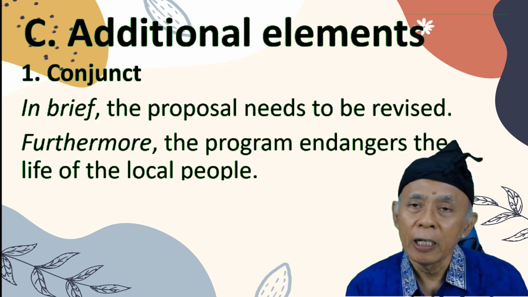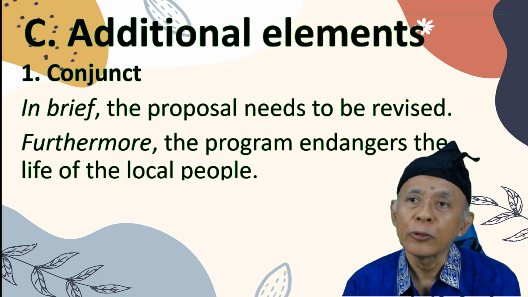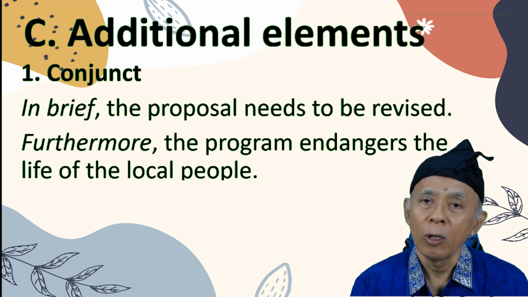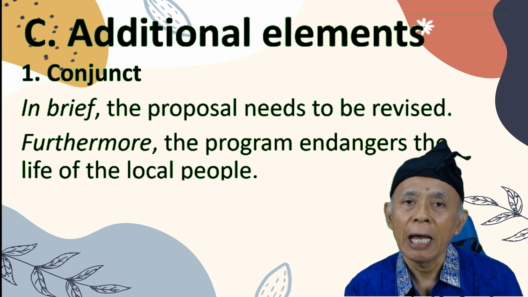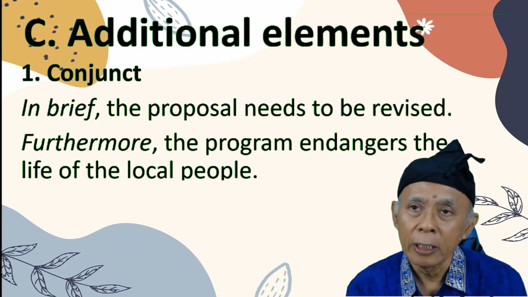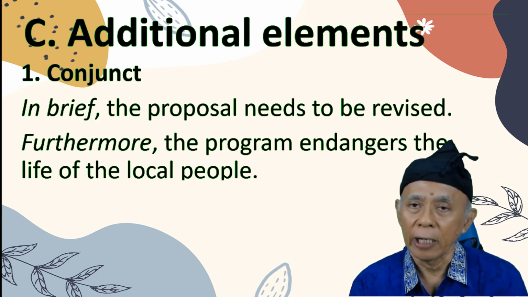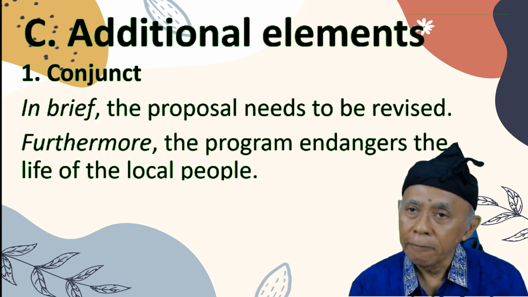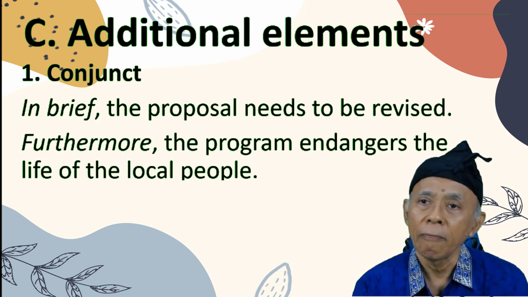So in brief here connects the sentence with the sentences before. Furthermore, the program endangers the life of the local people. This is just additional information about the danger of the program.